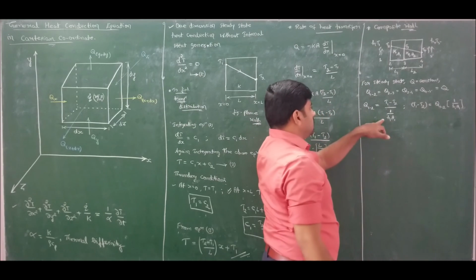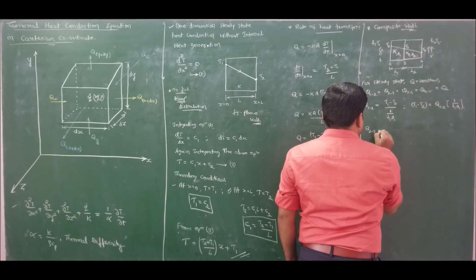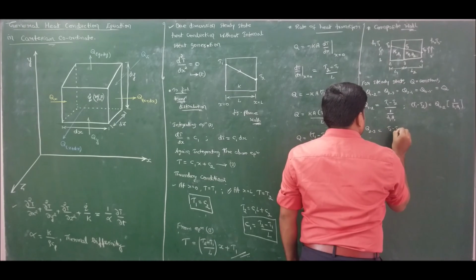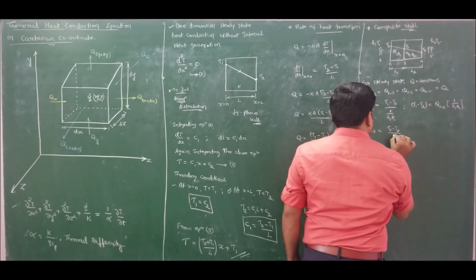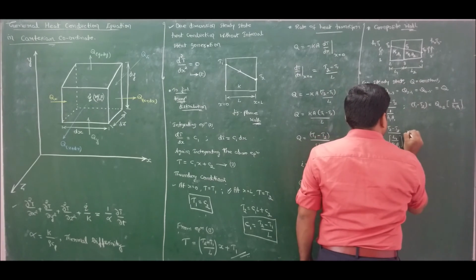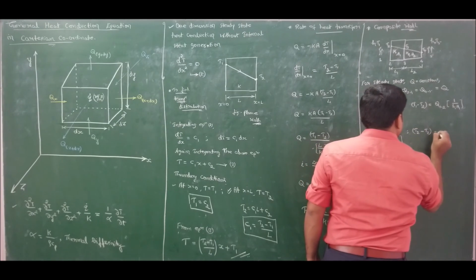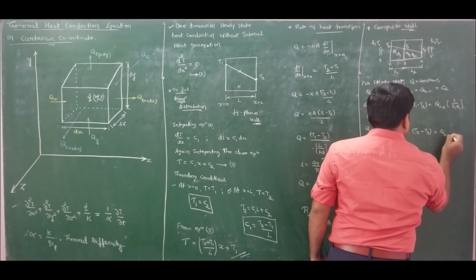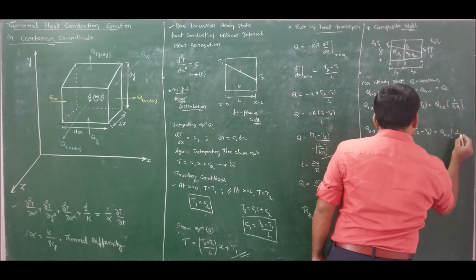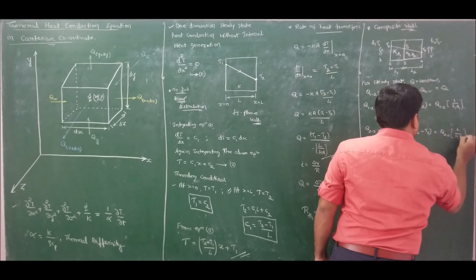I can call this resistance 1. Similarly I can write Q2 to 3 as T2 minus T3 divided by resistance due to conduction, that is L1 divided by K1 A1. Hence we can write T2 minus T3 as Q2 to 3 times L1 by K1 A1.